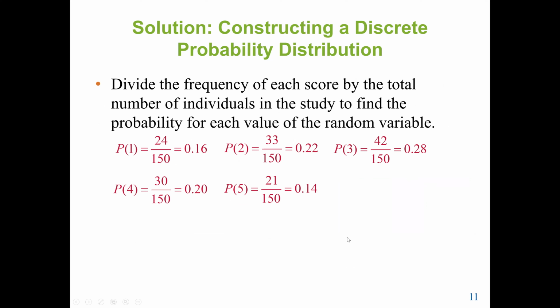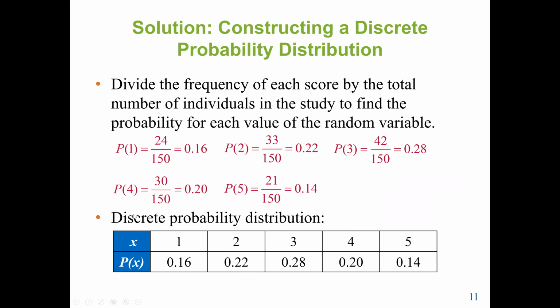Then the next thing we need to do is to come up with our discrete probability distribution. And this is what we are looking for. They say we should construct the discrete probability distribution. We represent the scores, 1 up to 5, which is given to us. This is the probability we found for each score. Now, if we add all these probabilities, the answer will be 1.